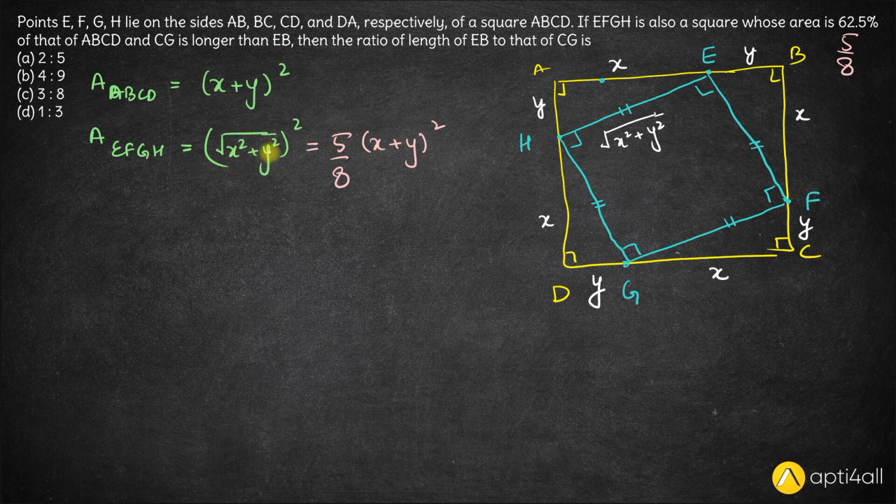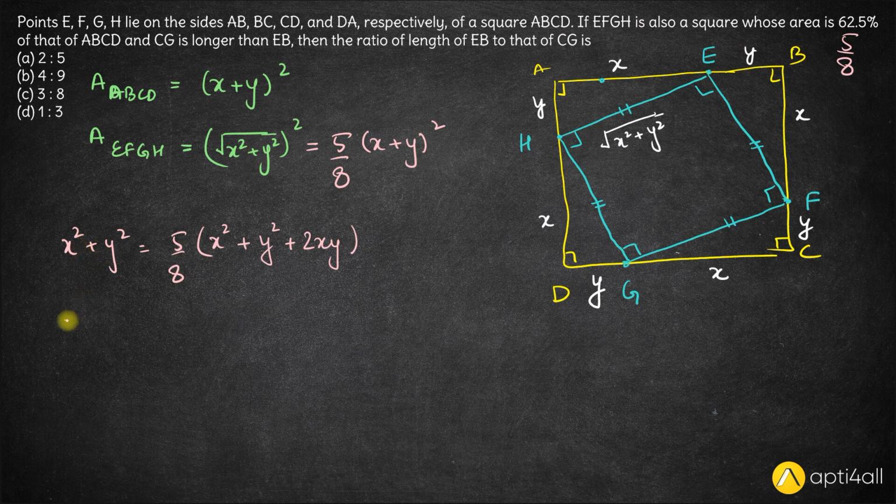The square of the root of X square plus Y square is X square plus Y square. This is equal to 5/8 of X plus Y whole square, which is X square plus Y square plus 2XY.